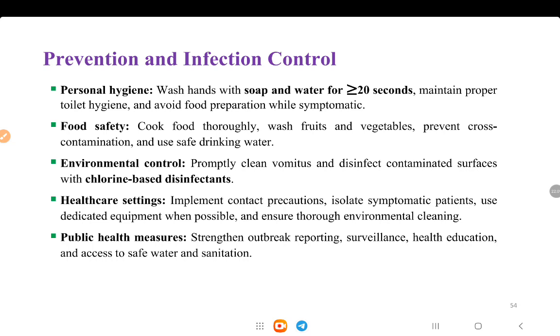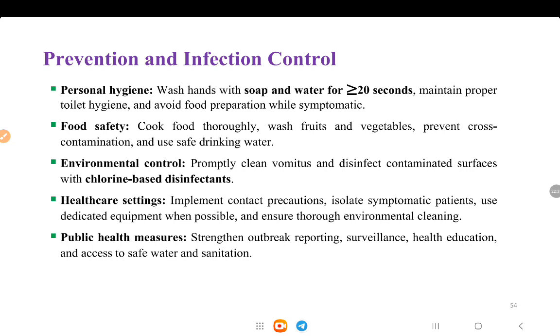Environmental control: we clean the area and use different types of disinfectant, such as a chlorine based disinfectant, on contaminated areas. All healthcare settings implement different precautions, starting from isolation of symptomatic patients and using dedicated equipment when possible. Ensure the environment in the hospital is clean.